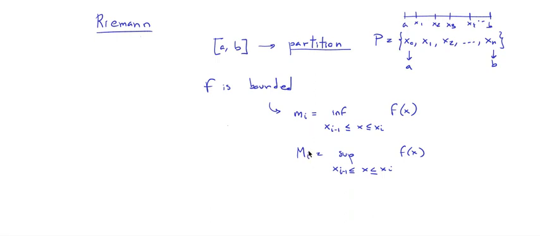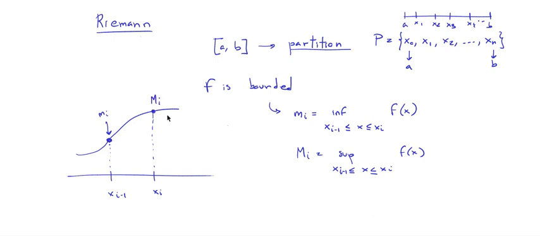Suppose the area, let me try to draw this. We have these two points, x(i-1) and xi. In this interval, the infimum is mi, and the supremum is capital Mi.